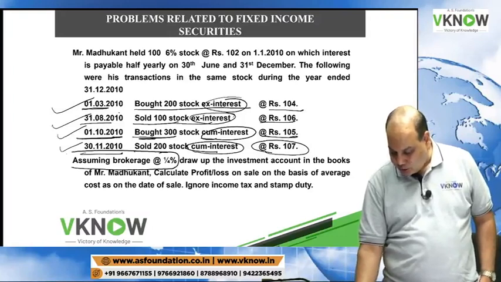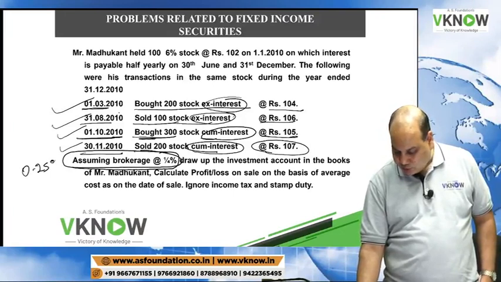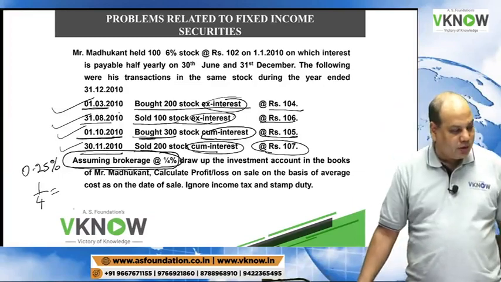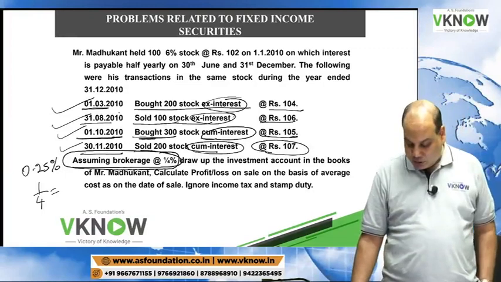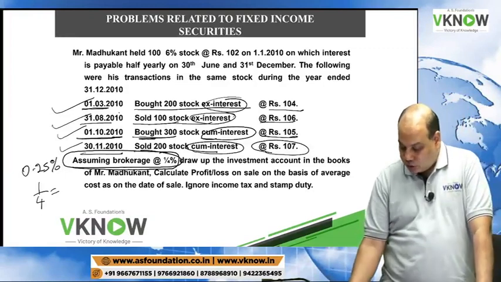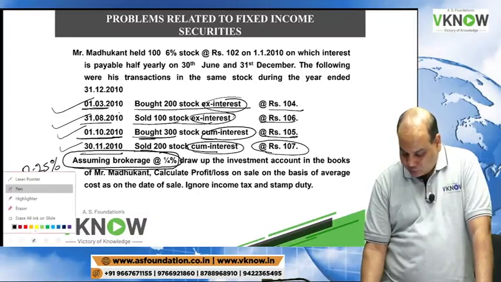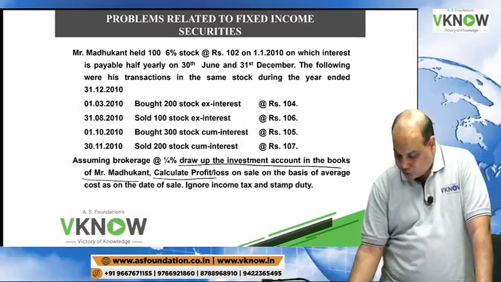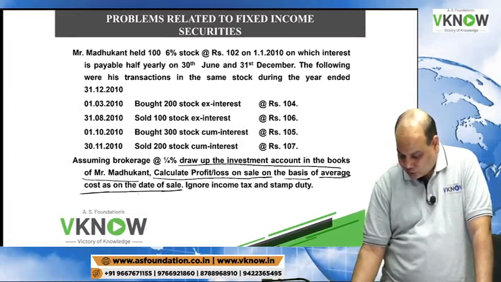Assuming brokerage at 0.25%, which is 1 by 4 percent. Draw the investment account in the books of Mr. Madhukant. Calculate profit or loss on sale on the basis of average cost on the date of sale.